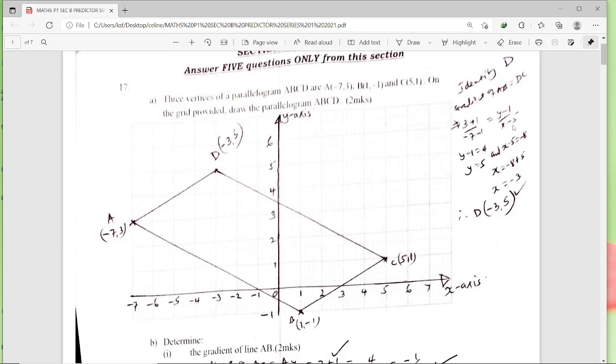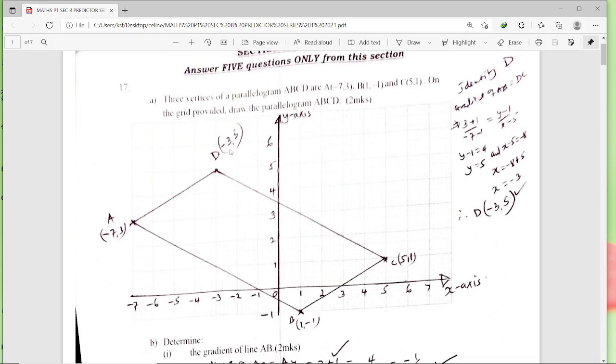And also, x minus 5 will be equal to negative 8, because negative 7 minus 1 gives you negative 8. So you take negative 5 to the right hand side, and x equals negative 8 plus 5, which gives you negative 3. And therefore the point D is (-3, 5).